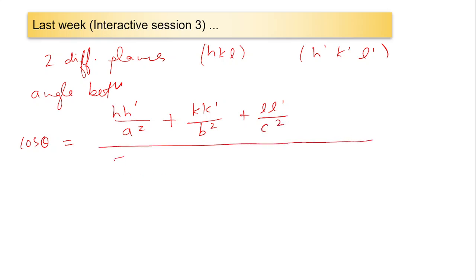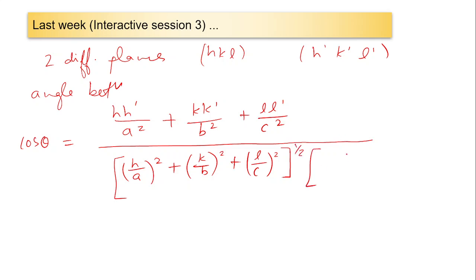In the denominator we have h over a square plus k over b square plus l over c square, and then all the parameters for the next plane: h prime by a square plus k prime by b square plus l prime by c square.